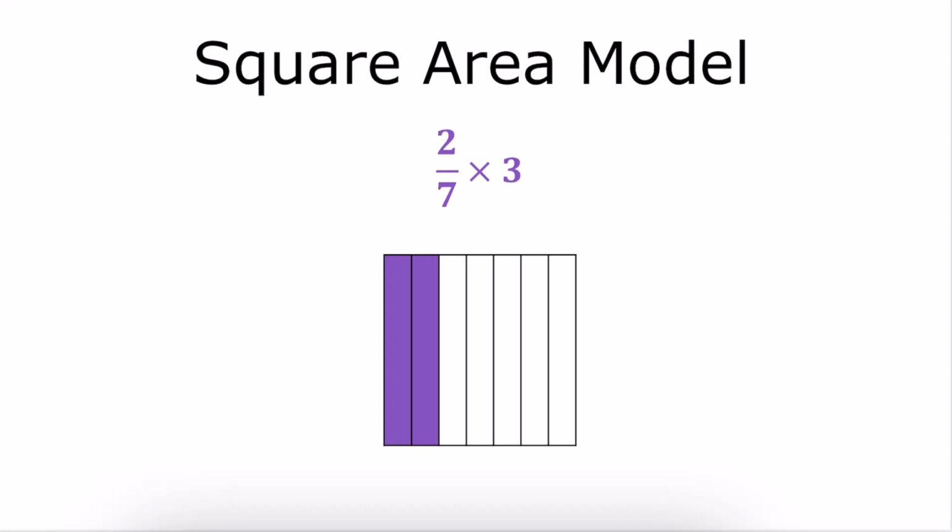And you could do that with 3 separate squares and then combine them all together to get 6/7. Or you could say, okay, here's one group of 2/7. Here's another group of 2/7. And here's another group of 2/7. And so when I make 3 copies of the number 2/7, I end up with the answer of 6/7. So you can use any type of shape you want to represent the multiplication of fractions by whole numbers.